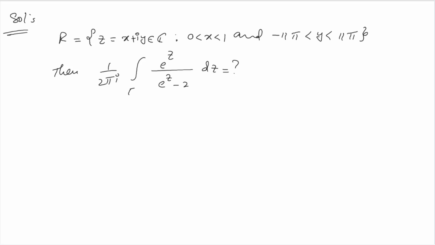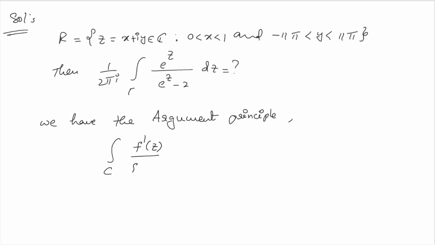Since we have the argument principle, which states: integration over C, any closed curve C, f dash of z divided by f of z dz is the number of zeros minus the number of poles.